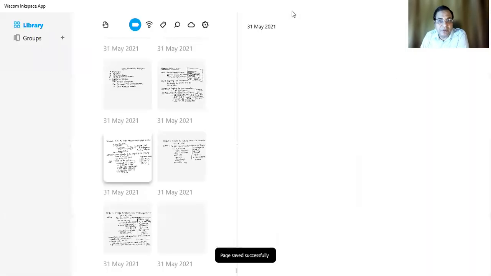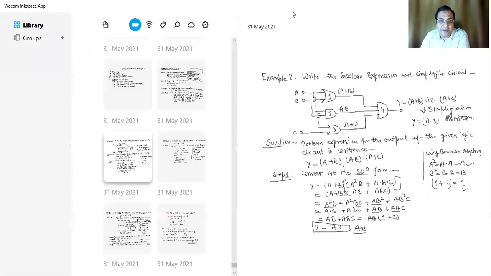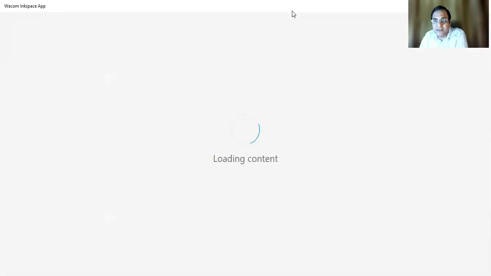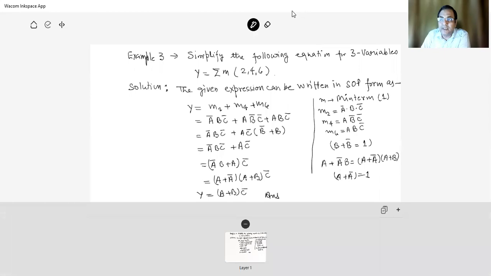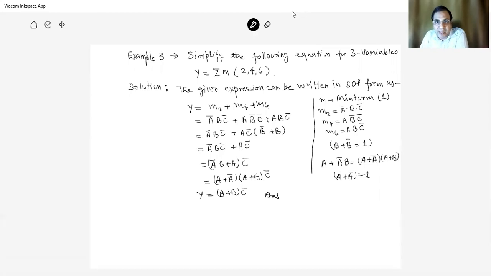Now example 3 is, we consider this one in the min term expression. Take this example, that is min term: simplify the following equation for 3 variables. Y is equal to summation small m 2, 4, 6. So this is the solution.